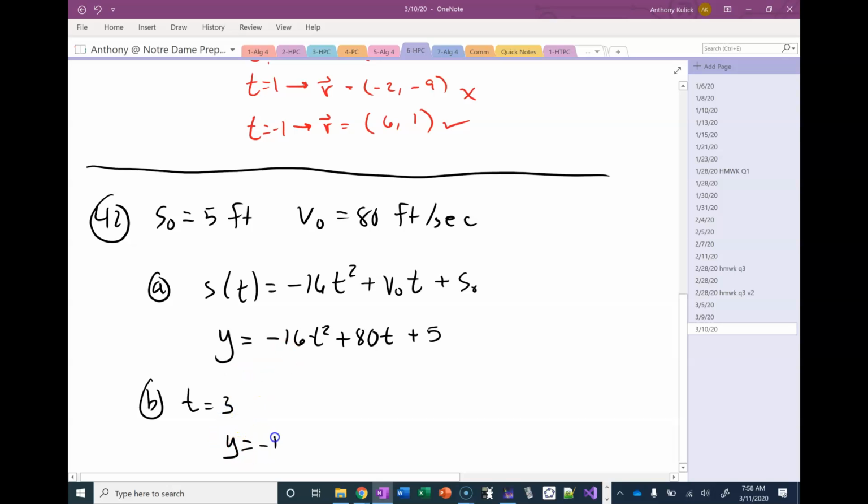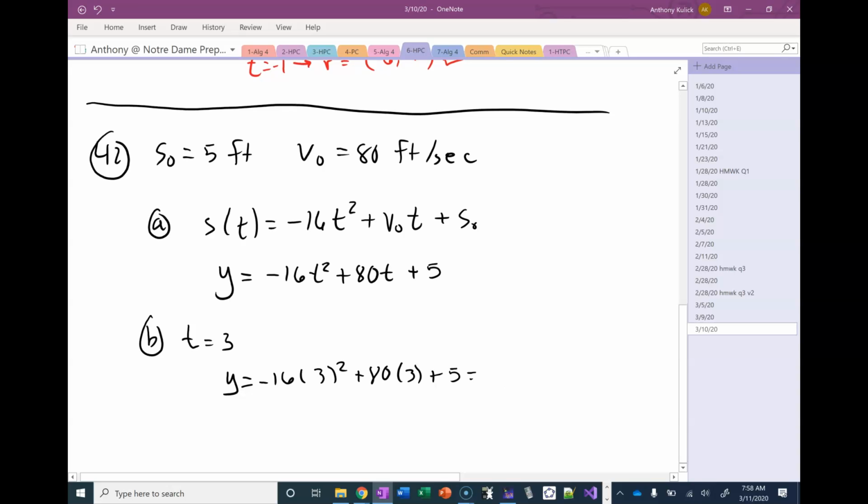So there I'm just going to be plugging 3 in for t. Whatever that comes out to be. Let's check real quick. Should be 101 feet.